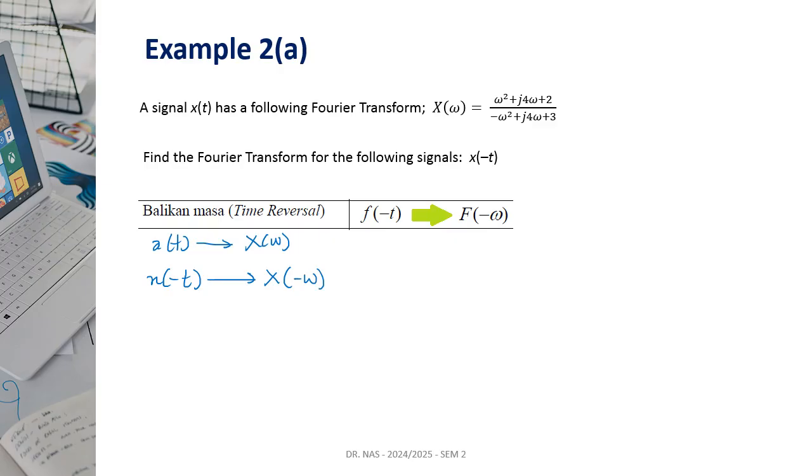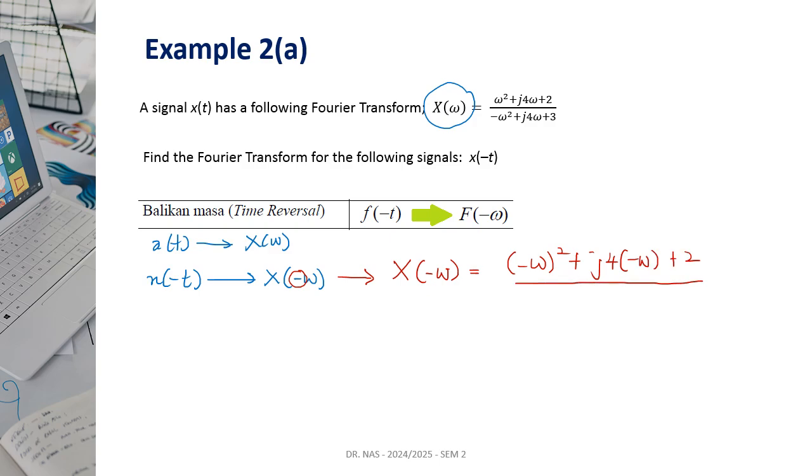You already have the X(omega) equation. In this new equation, omega will be given as negative. So X(-omega) equals negative omega squared plus j4 negative omega plus 2, divided by negative omega squared plus j4 negative omega plus 3.